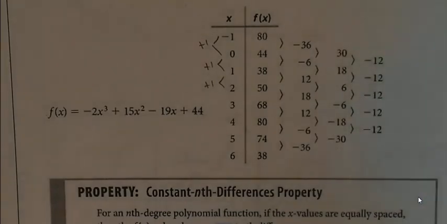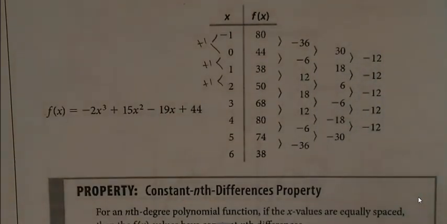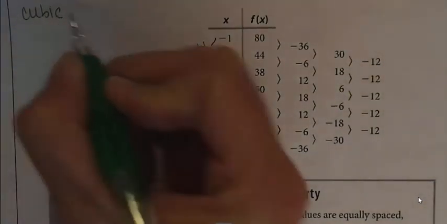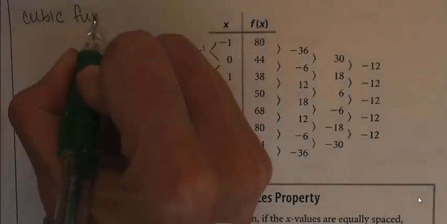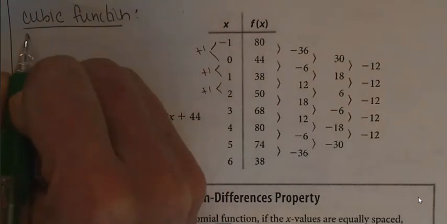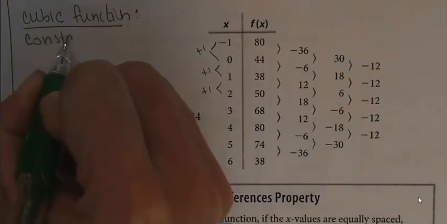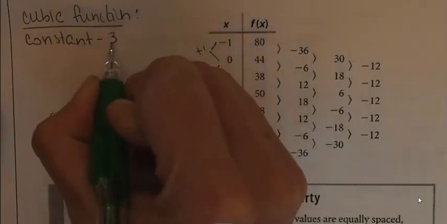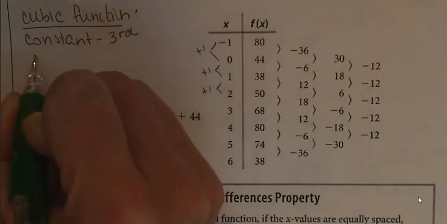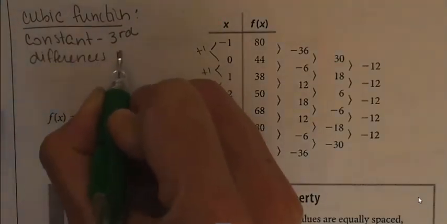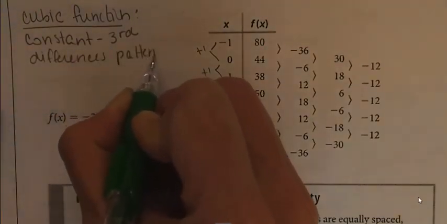Well, now we're into higher degree polynomials. So let's look at the cubic function. So the cubic function has what we would call a constant third differences pattern.